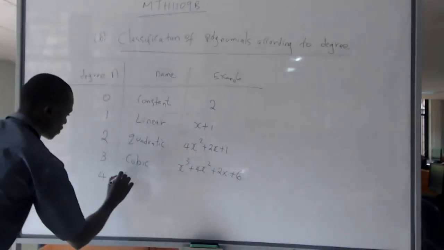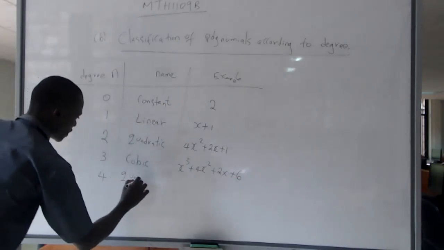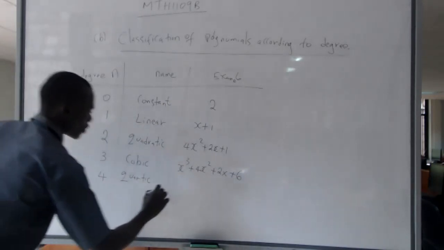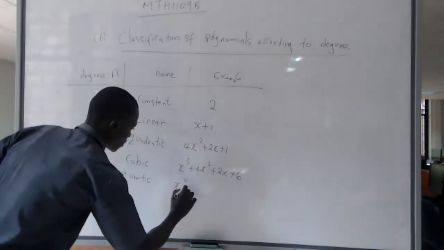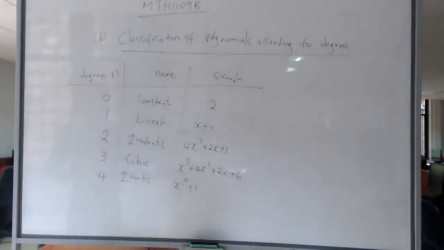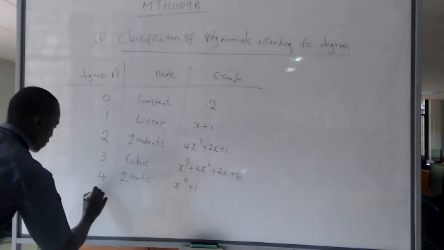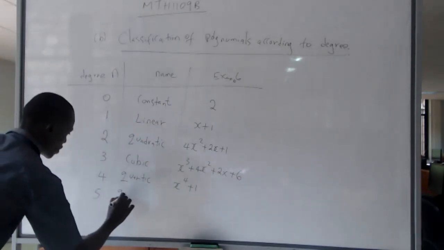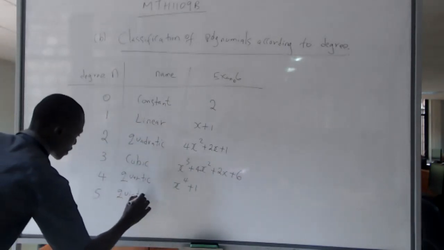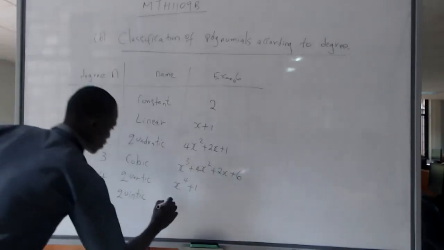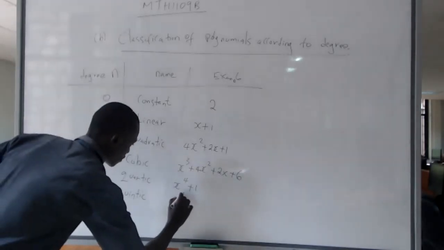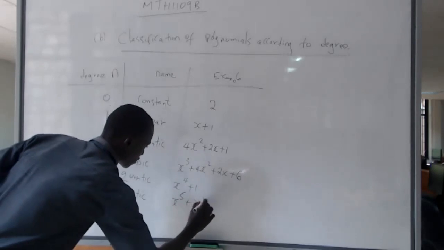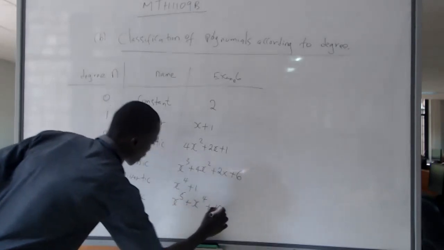When the degree is 4, we call it quartic. For example, x to the 4 plus 1. When the degree is 5, we call it quintic. So for example, x to the 5 plus x to the 4 plus 10.